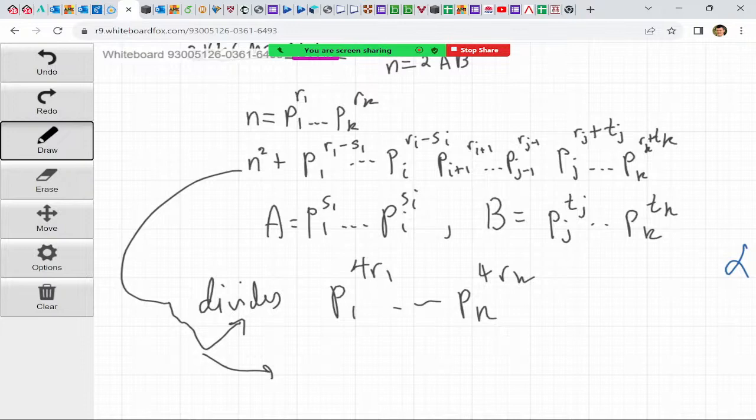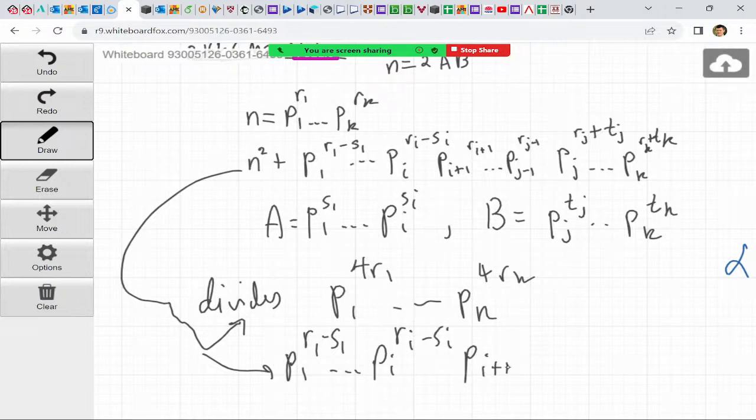This is extremely confusing. So it has a big chunk of common factors. So it actually has Pi to the Ri minus Si as a common factor.